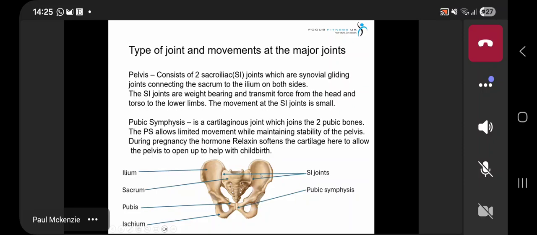Pubic symphysis is a cartilaginous joint, so we looked at it earlier, which joins the two pubic bones, so pubic bone here, pubic bone there. The pubic symphysis allows a limited movement while maintaining stability of the pelvis. And then during pregnancy, we have a hormone called relaxin. Now, what relaxin does, it softens cartilages to allow for an easier passage of the baby as it's being born.